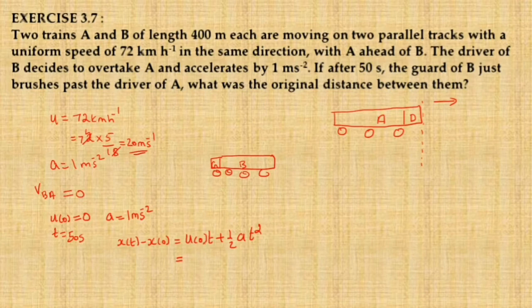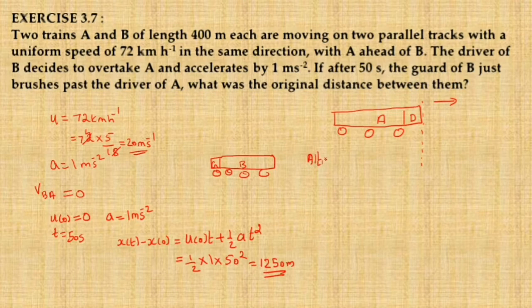Initial speed u is equal to 0 because we are considering the relative velocity concept. Now half into a, accelerate is 1 meter per second square, into time 50 square. So what is the answer here? 1250 meter. So this is the way to do it. What was the original distance between them? That is equal to 1250 meter. So the same question we can do in another method.